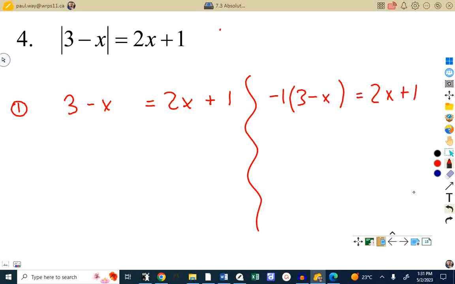We need to solve this inequality, and I'm going to give everybody a minute to do so. I want a statement about x. I want to see something like x is greater than or equal to something, or x is less than or equal to something. But you need to solve that inequality.